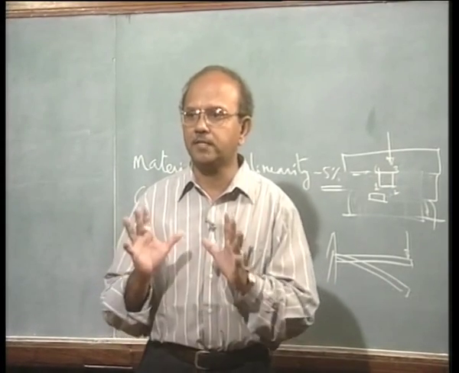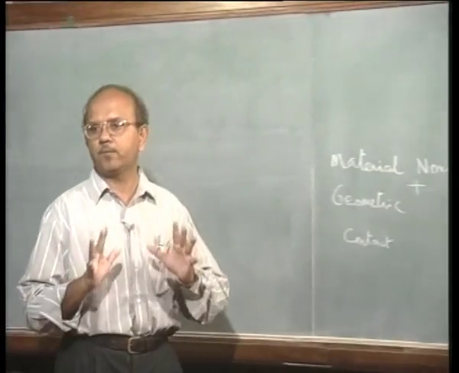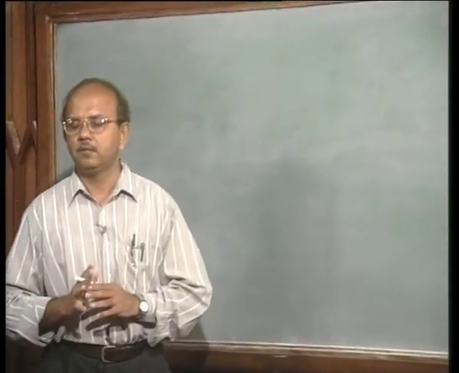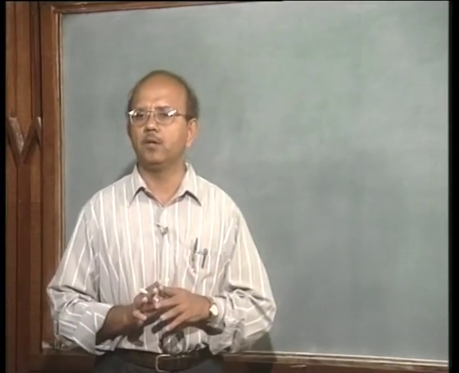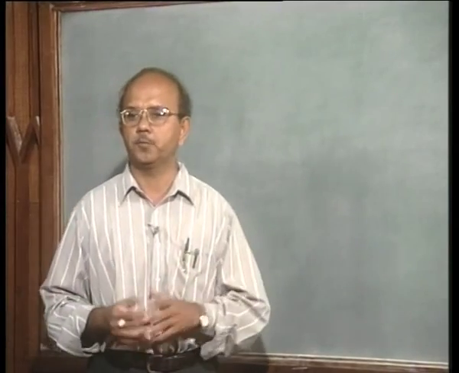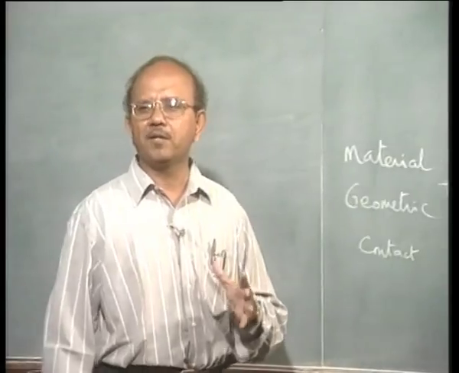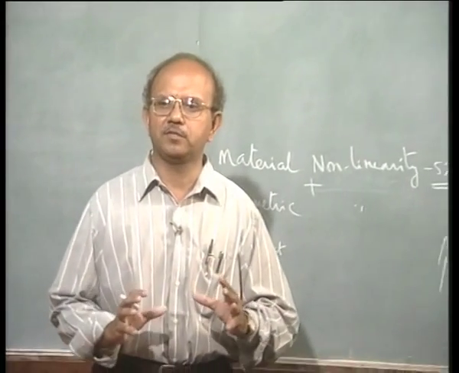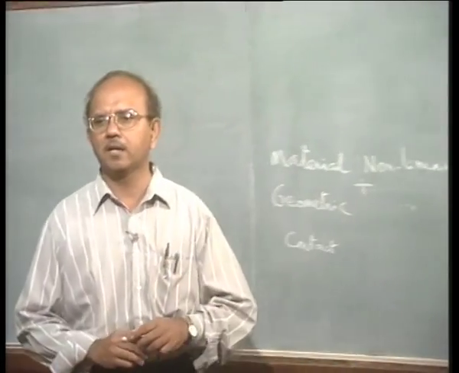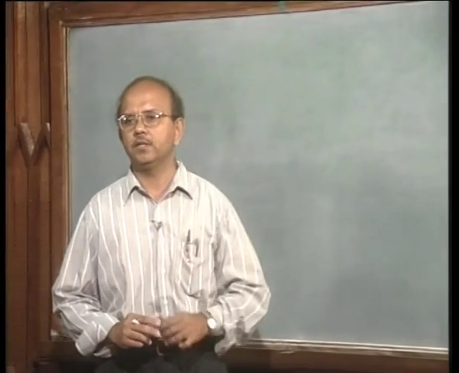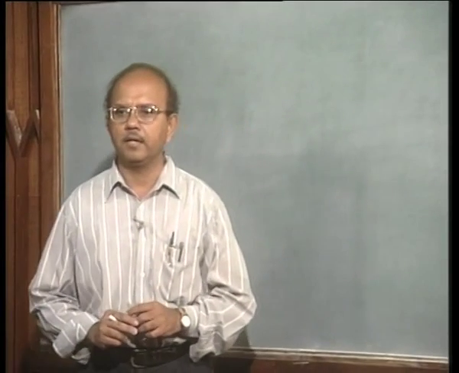Is it clear? So, that is the definition for nonlinear problems. But unfortunately, in this world, most of the problems are nonlinear, especially in mechanical engineering. Many problems are nonlinear, but usually we make some assumptions so that problems are handleable and still do it using linear analysis.